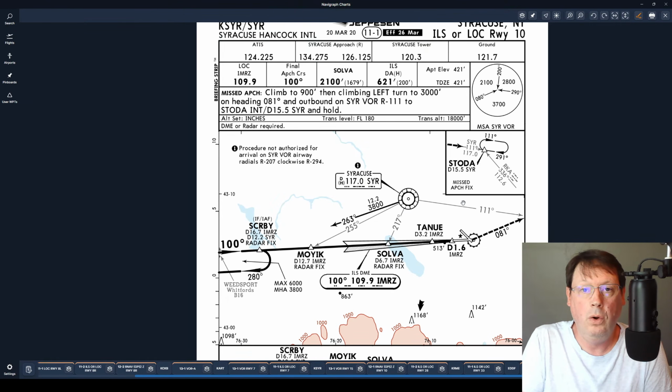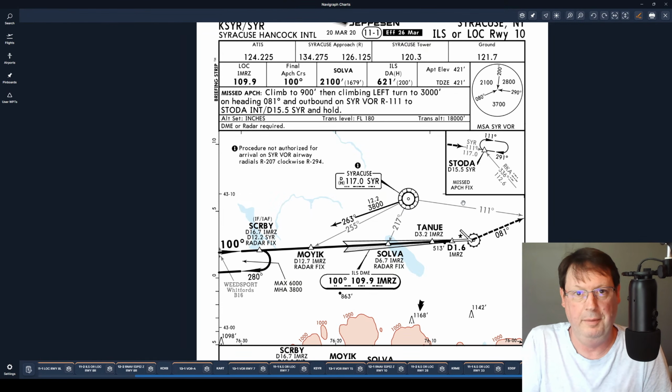And I feel like I know a good amount about instrument flying from being an instrument pilot, but I wanted the teaching certificate in order to really validate the fact that I'm not just making this stuff up, and that I have a knowledge base and a background to be able to share this.